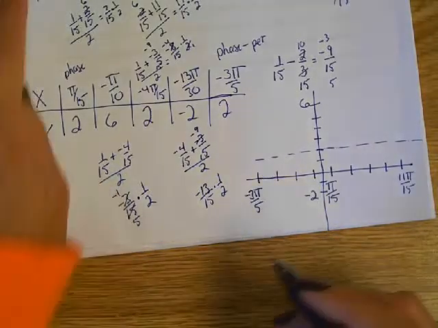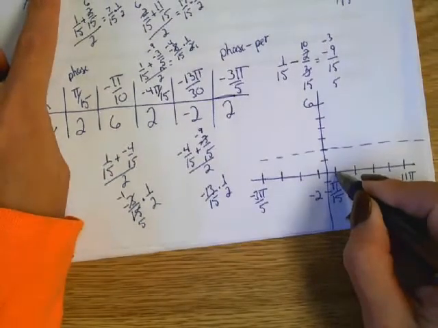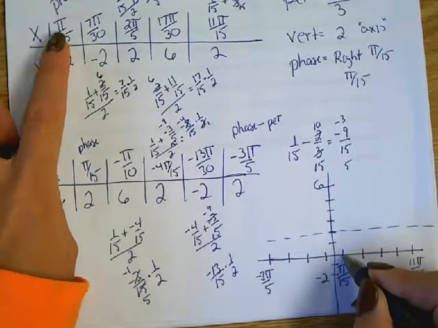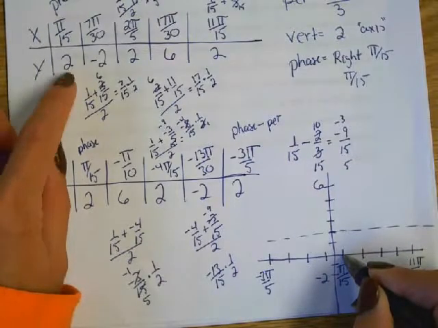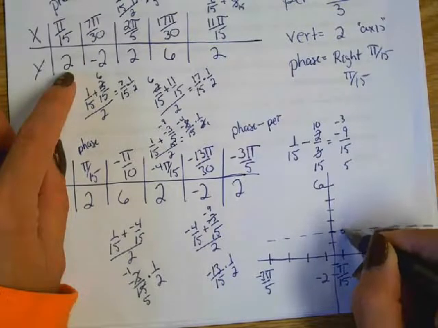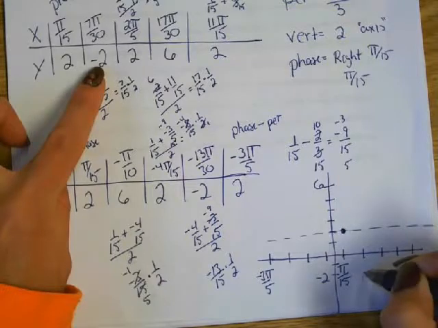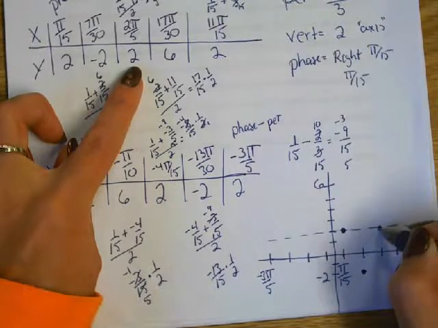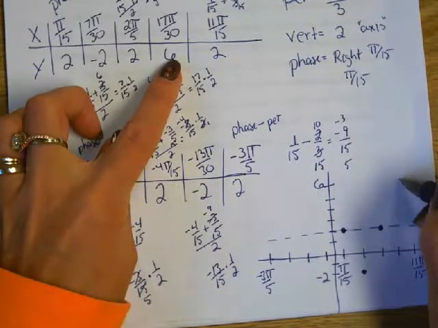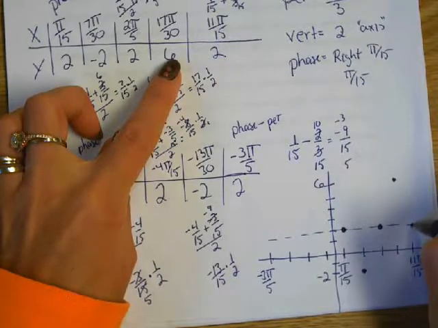So I look back to my table. Pi over 15, which is this tick mark here. Pi over 15. I need my ordered pair at a y value of 2, so on the axis. Then it goes down to negative 2. Back to 2. Up to 6, and then back to 2.